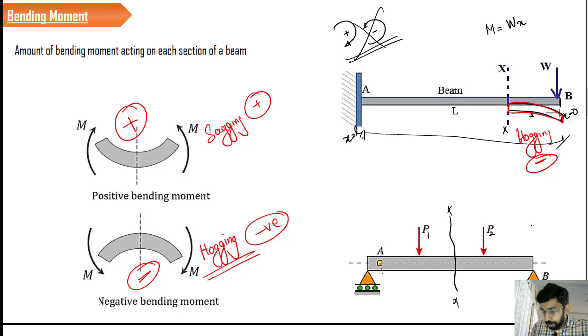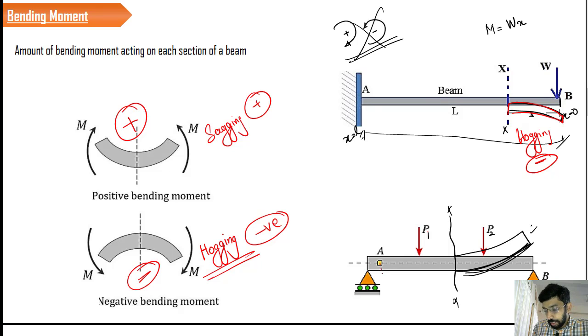If you take the moment due to the reaction RB, this load has a tendency to create a bending like this. So this comes under the sagging type.